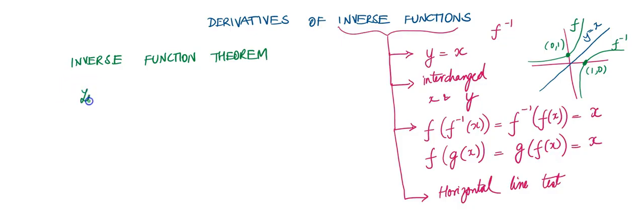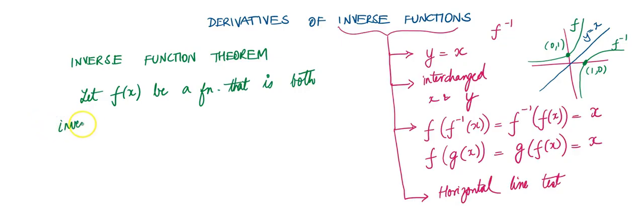let f of x be a function that is both invertible and differentiable. If you look at that language, you know that invertible means that this function f of x has an inverse.